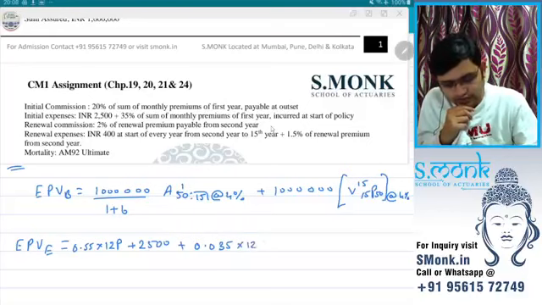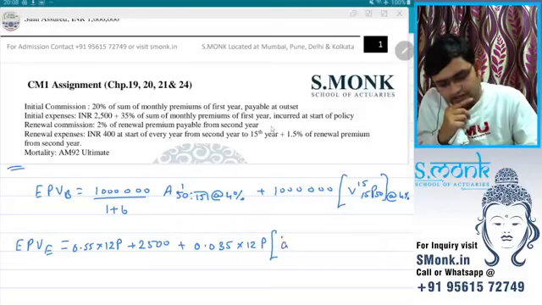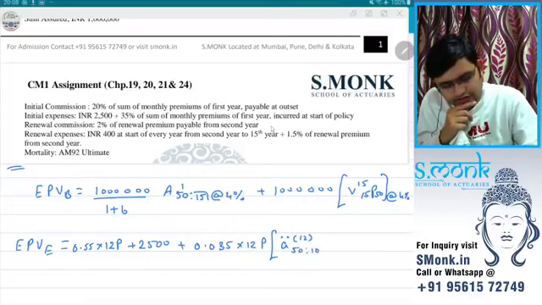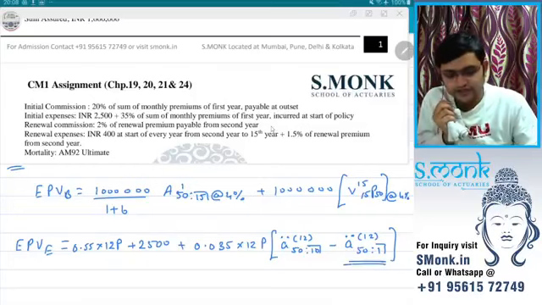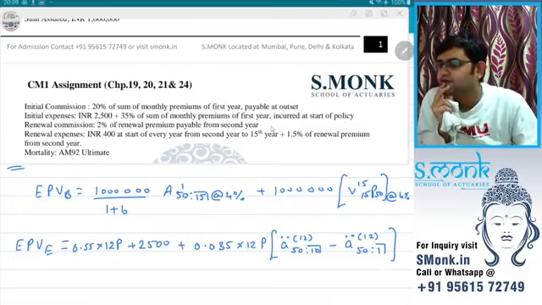So into 12p, and I'll have ä due payable 12 times from age 50 for 10 years minus ä due payable 12 times at 51. So we'll be subtracting 1 year completely from here.